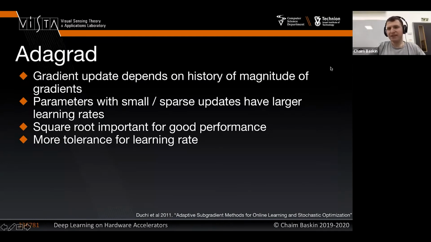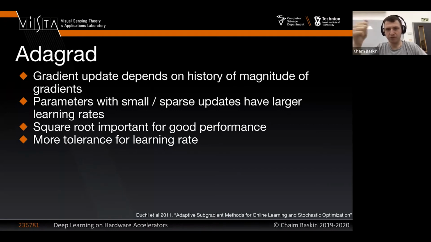Okay, so let's revisit AdaGrad and move on to some more useful algorithms. The gradient updates depend on the history of the magnitude. Parameters with small or sparse updates have larger learning rates. So it depends on the gradient itself. The square root is important for good performance.